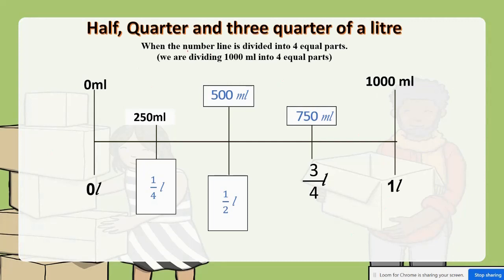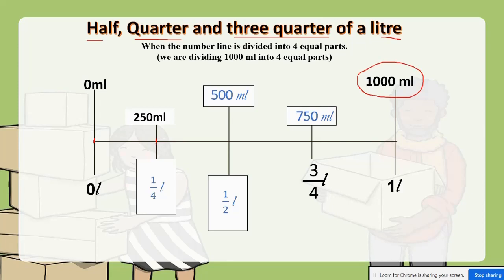So this is how half, quarter, and three-quarter of a liter is written on a number line. The number line is divided into four parts: 1, 2, 3, and 4 parts. You can see this 1000 ml is divided into 4 parts. From this point to this point is 250 ml.